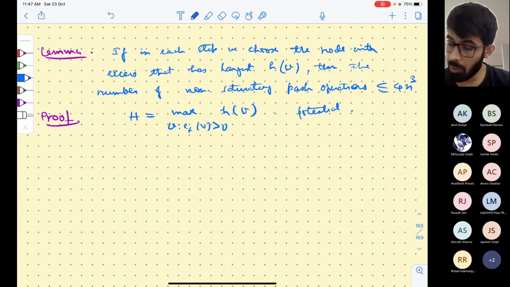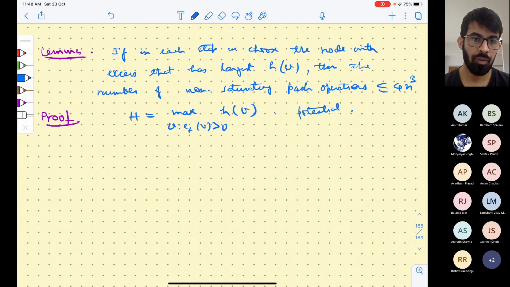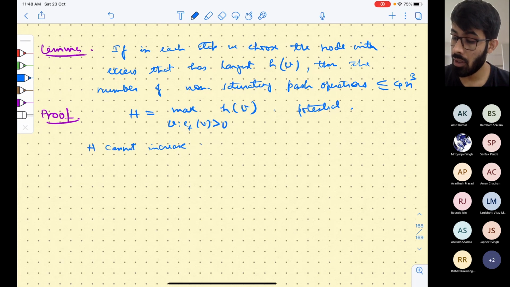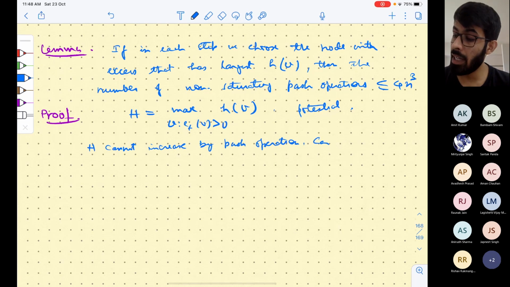Does it increase or decrease by push? It decreases. Yeah, so it cannot increase by push, right? H cannot increase by push operation, be it saturating push or non-saturating push and so on. It can only increase by relabel.